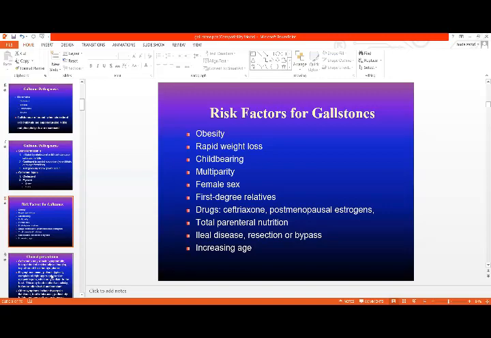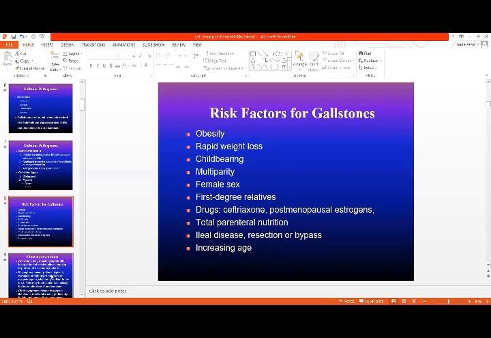If somebody is given estrogen postmenopausal, कुछ लोग लेते हैं keep themselves fit, some ladies, okay, so estrogen can cause gallstones as well. वो slow कर देते हैं उसके bile excretion. Okay, so that's the reason for the estrogen.